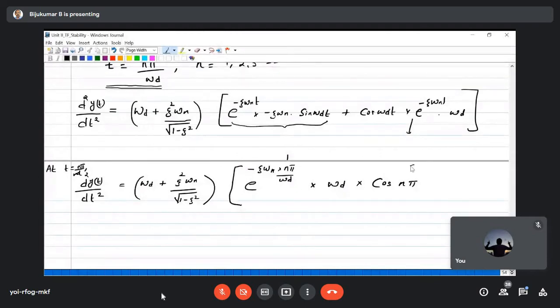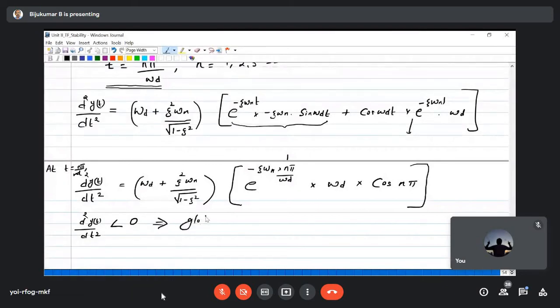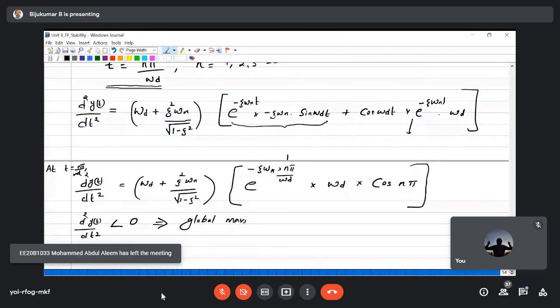So now we have to see at what value of n d square y by dt square becomes negative. If it is less than 0, it will give the global maximum of the function.